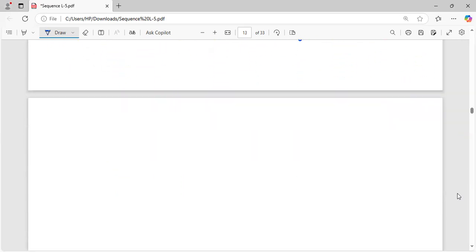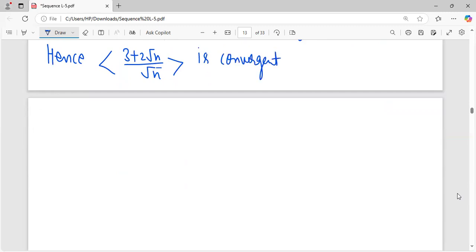Hence the sequence (3 plus 2 root n) upon root n is convergent and the limit is 2.